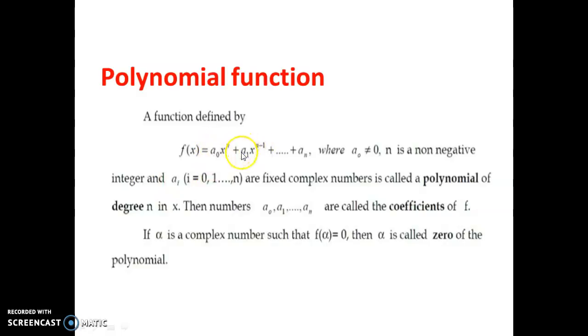Here a0, a1, etc., an, in general ai, are fixed complex numbers, and these numbers a0, a1, etc., an are called coefficients of this polynomial function f(x).